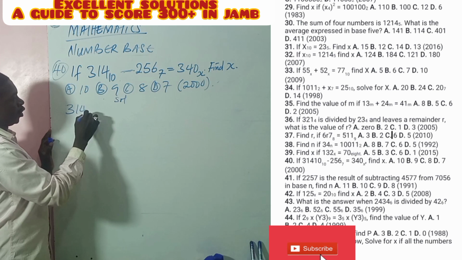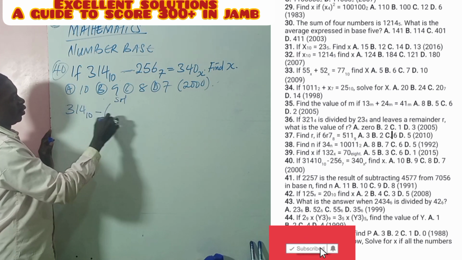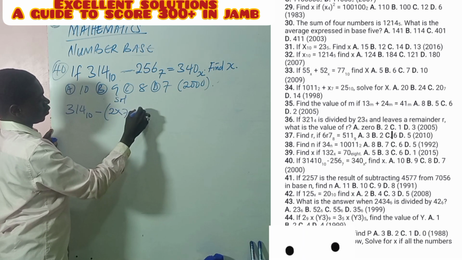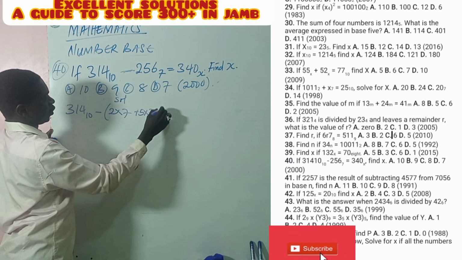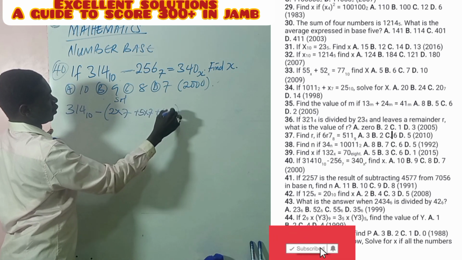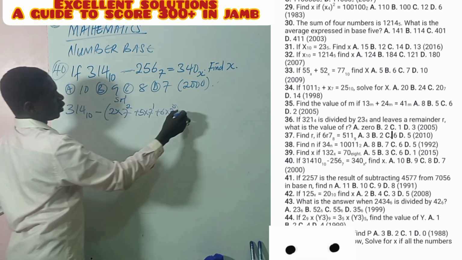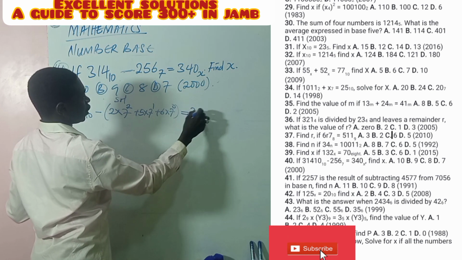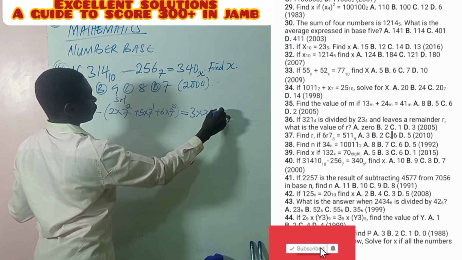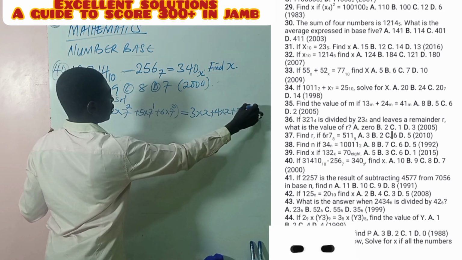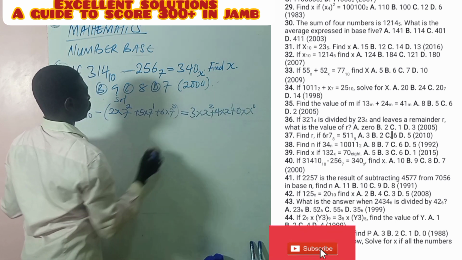We have 314 base 10 minus 2 times 7 squared plus 5 times 7 plus 6 times 7 to the power 0, which equals 3 times x squared plus 4 times x plus 0 times x to the power 0.